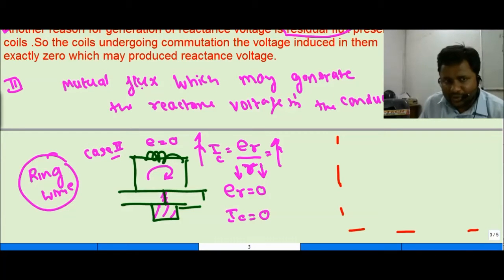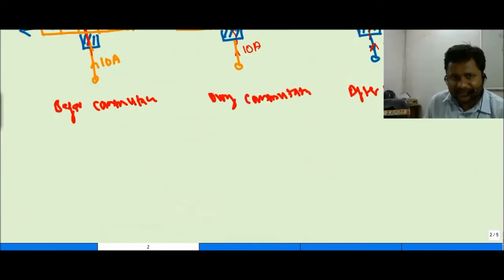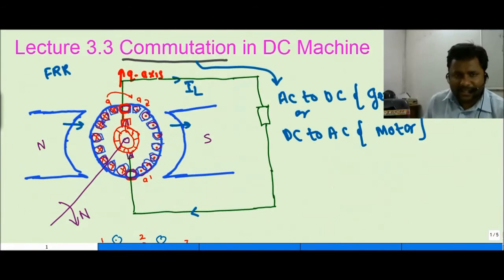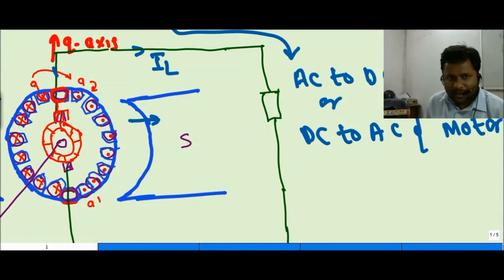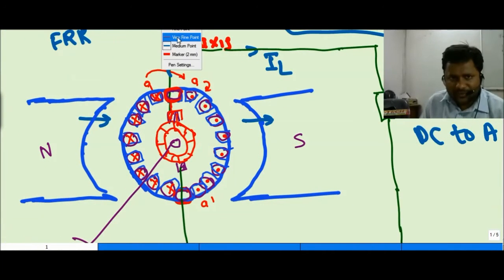What do you mean by mutual flux? That we have to understand. Here the conductors are like this. This is the path where we want the current to be 0. Let us suppose we want the current here to be 0.